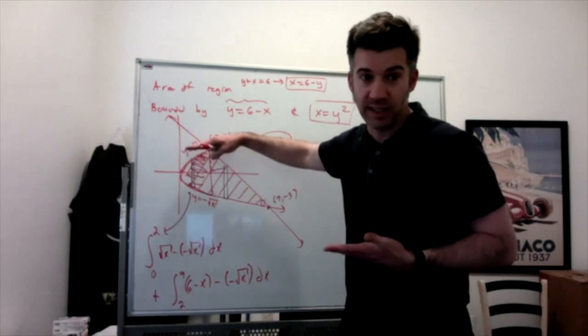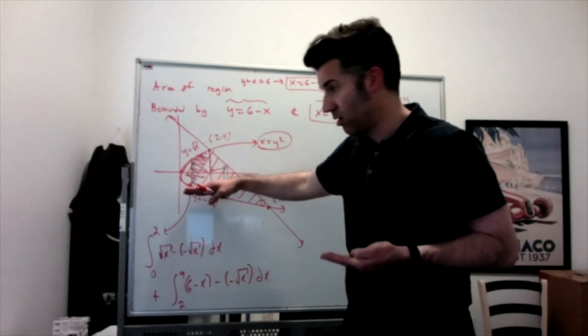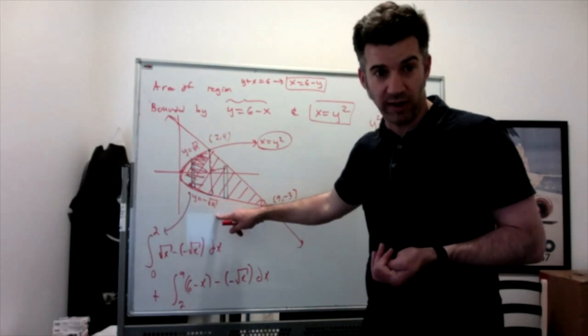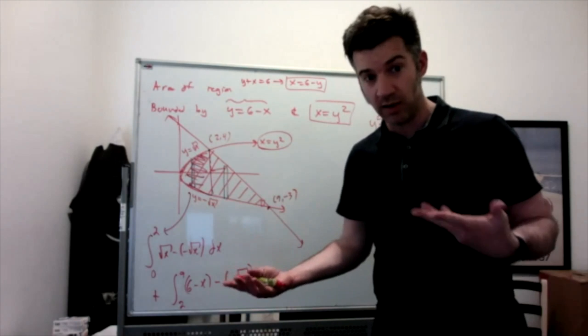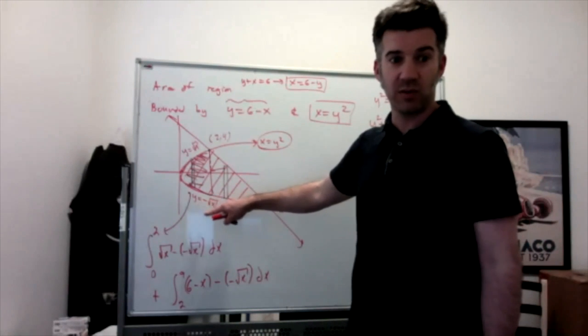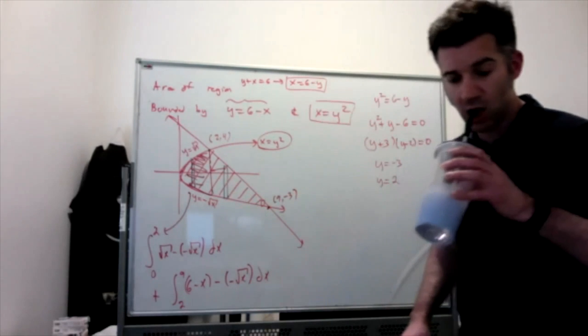If we're above the x-axis, you have positive y values. On the other hand, if you're down here, the y values are negative. So y has to equal the negative square root of x. If you plug in 9 for x, the square root of 9 is just 3. But this point is 9, negative 3. So y has to equal the negative square root of 9, which is negative 3. That makes sense. Thank you, James.